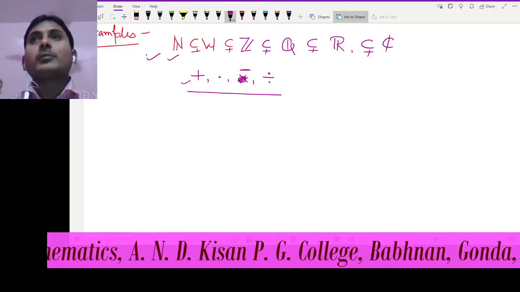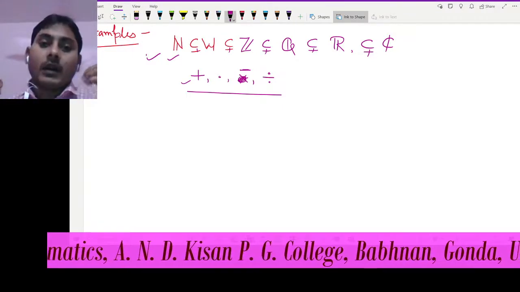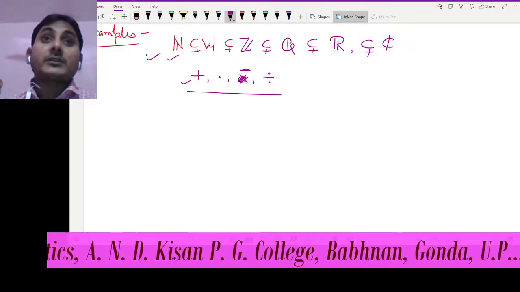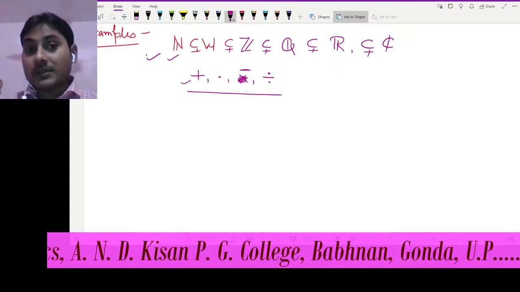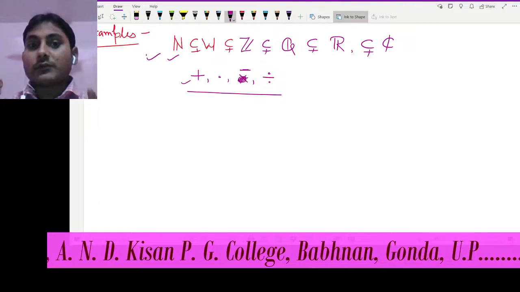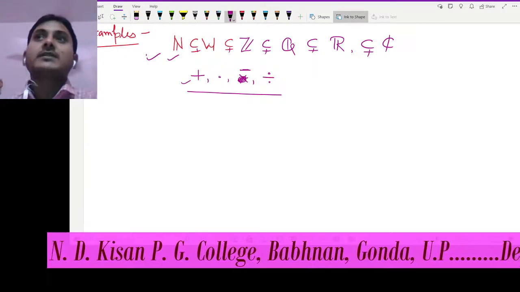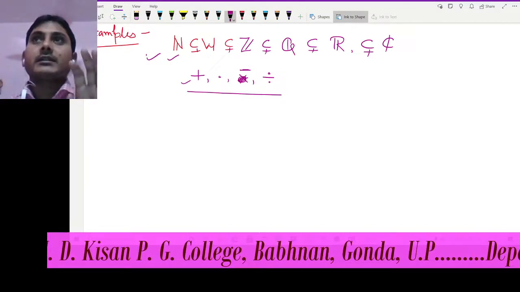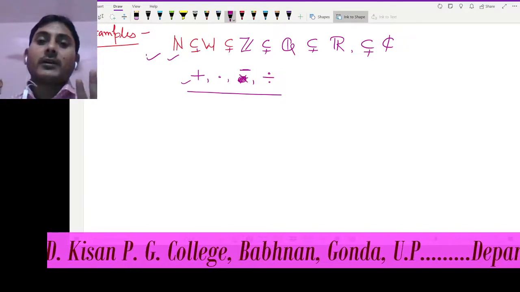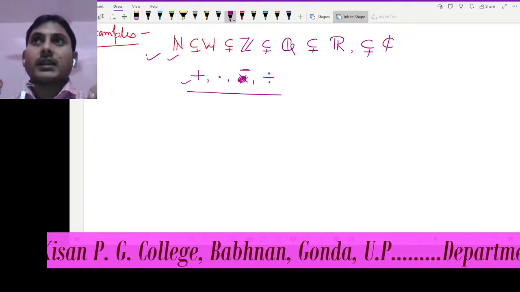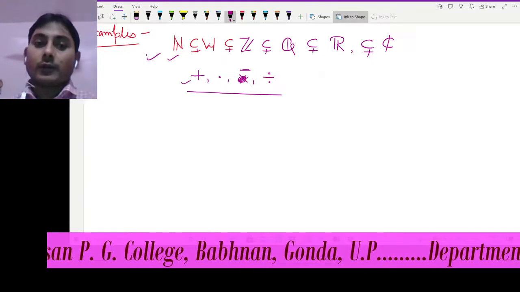If it is a group, then show why and how you can prove it, and if it is not, then give a counter example. It's your duty to verify, because there are several sets and several operations, so that you become familiar with these operations as well as the concept of group.